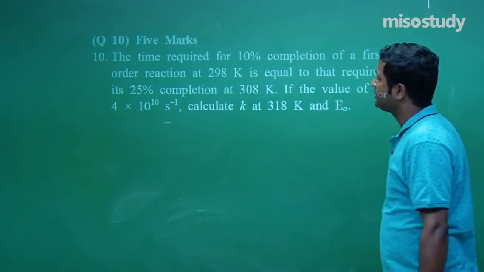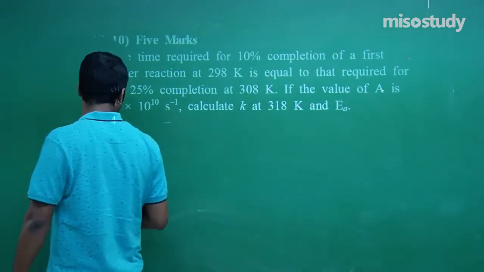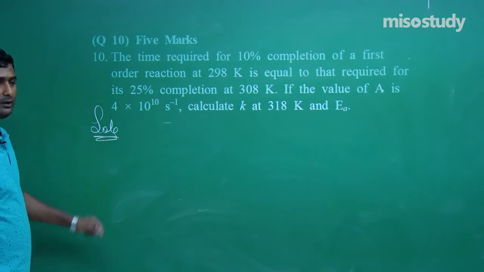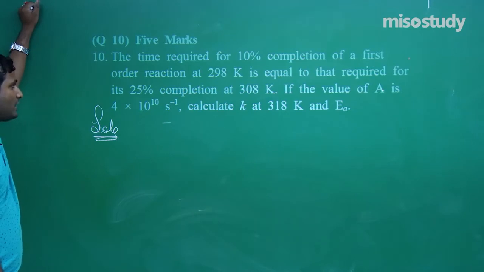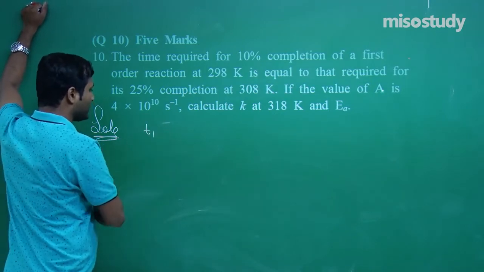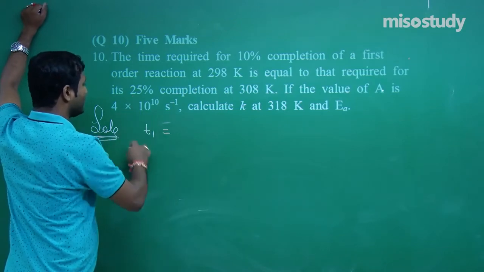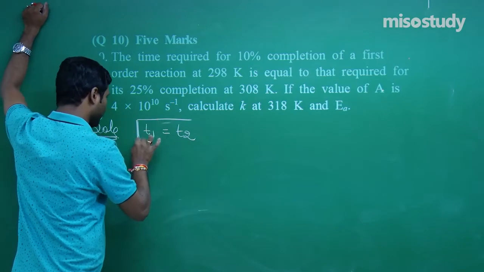Now the next question, read the question carefully. I am giving you a few seconds. What is given here? The time required for 10% completion of a first order reaction at 298 Kelvin is T1, and it is equal to that required for 25% completion, T2.